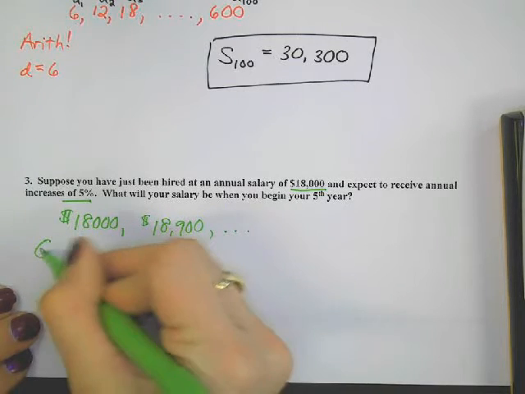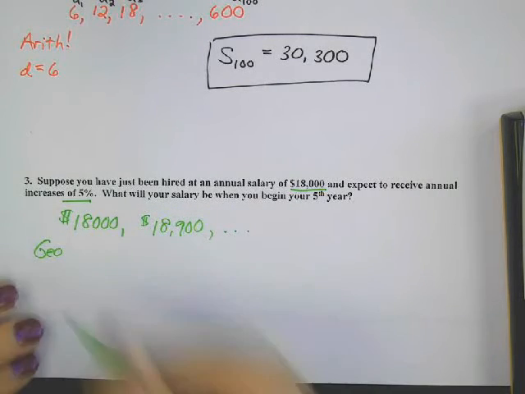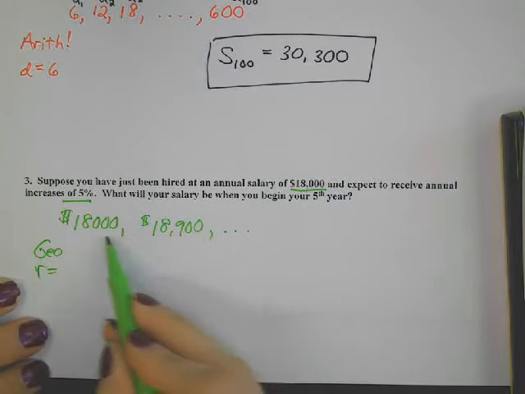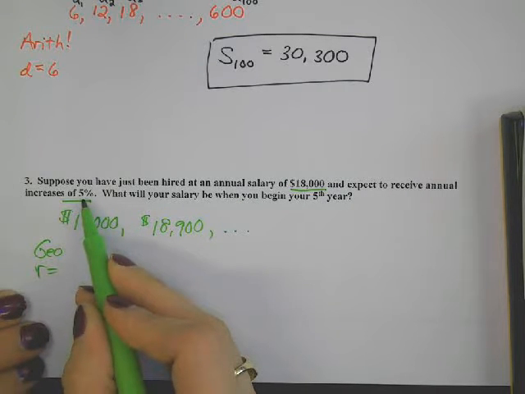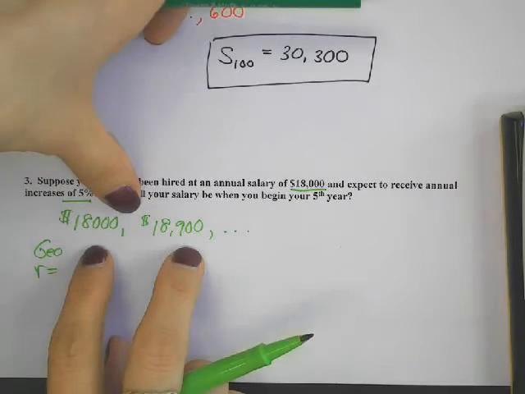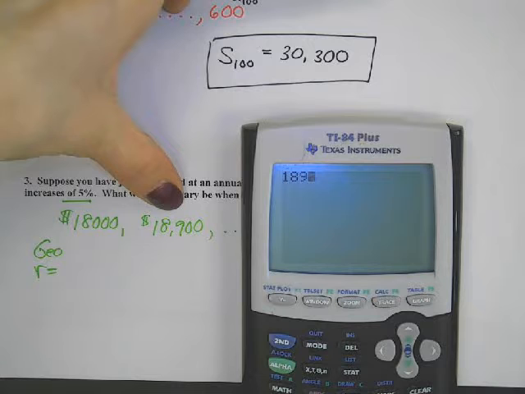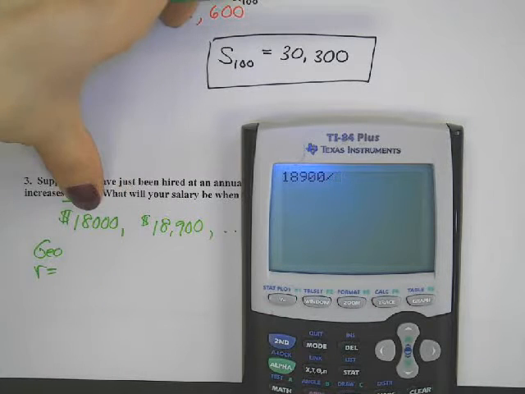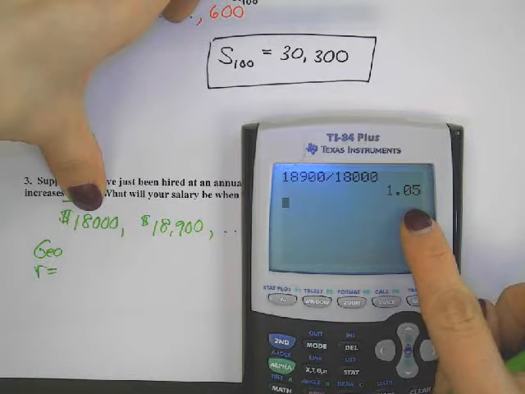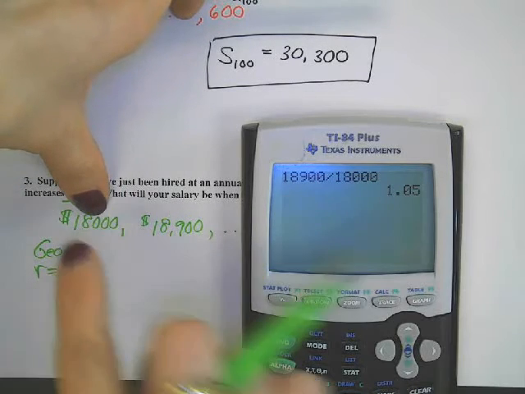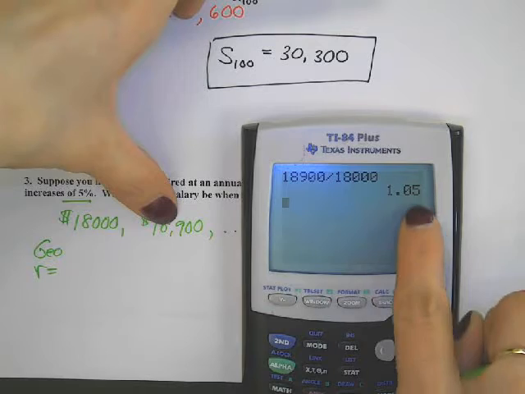So this is definitely geometric since we're multiplying. And the r value between the terms is not 0.05. If you want to find an r value, you could always do it manually by doing 18,900 and divide by the previous one, and we get 1.05. 1 standing for 100% of this, plus an additional 5.